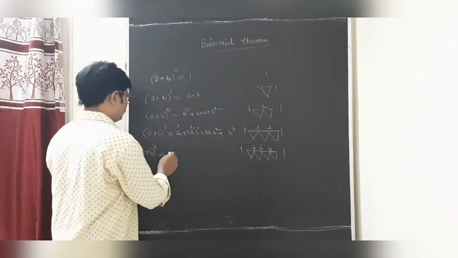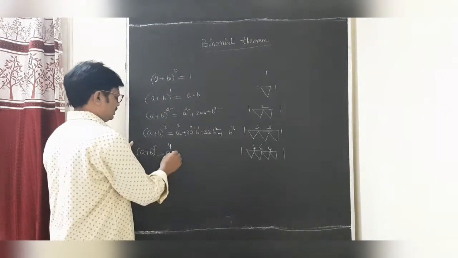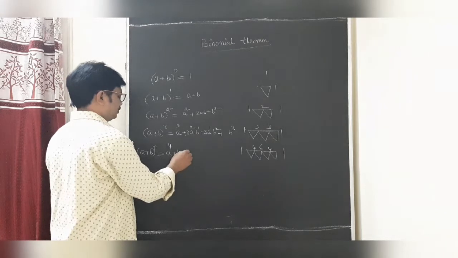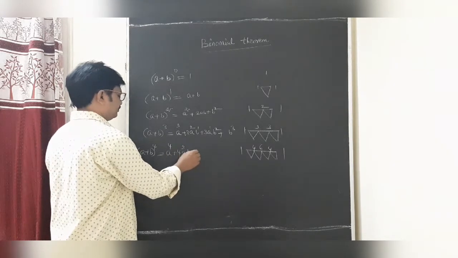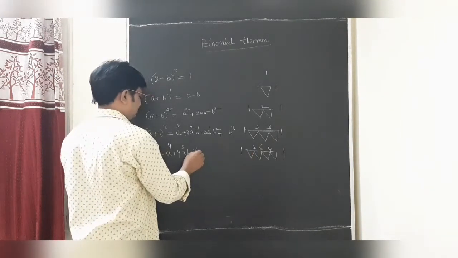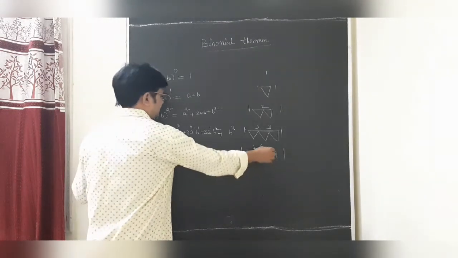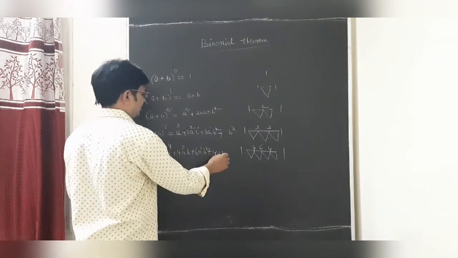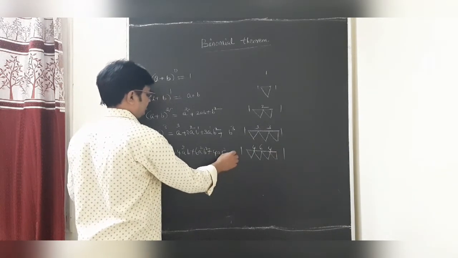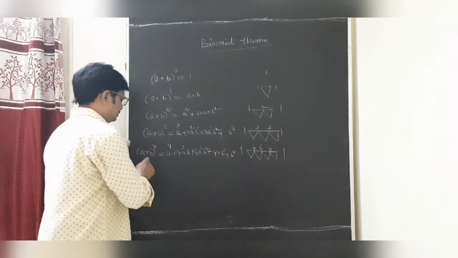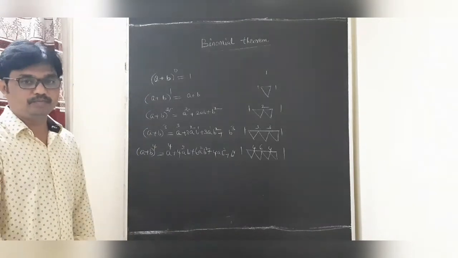How do we write this? First write a power 4. After that, 4 into a cube b. After that, 6 into a square b square. After that, 4 into a power 1 b cube. Finally, 1 b power 4. This is a plus b whole power 4.